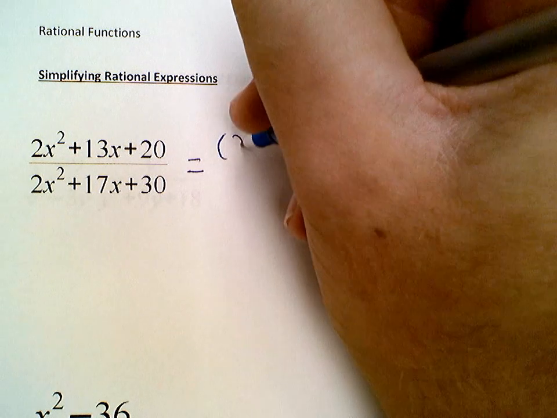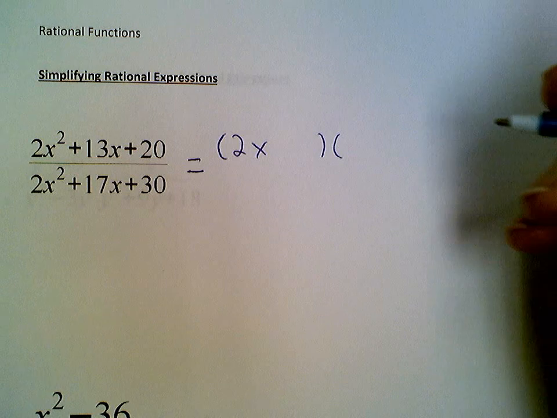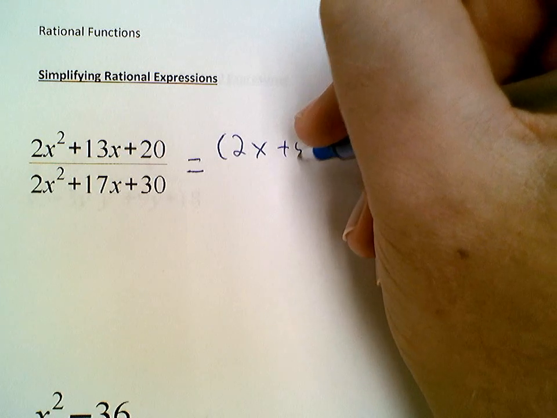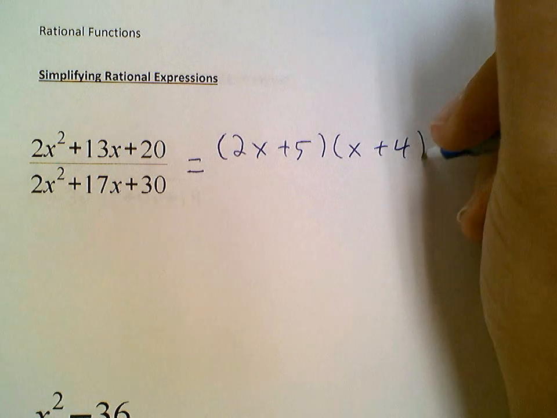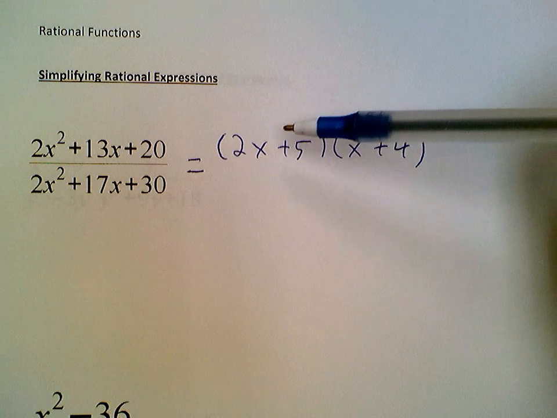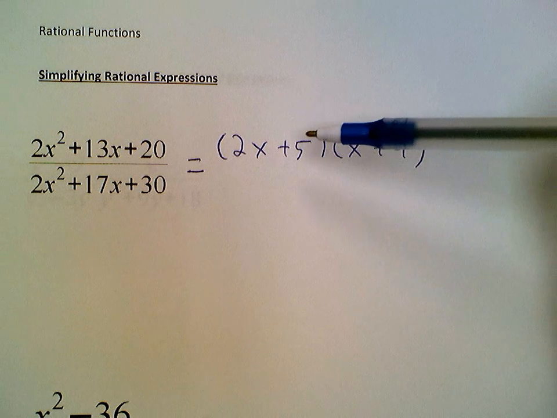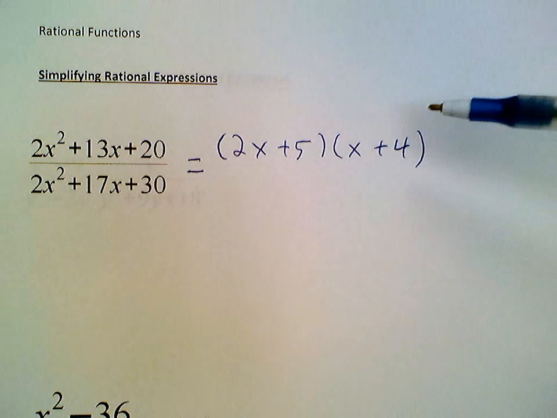And they both can. The top can be factored into 2x plus 5 times x plus 4. Okay, you can double check that because 2x times 4 is 8x, 5 times x is 5x, adds up to 13x, 5 times 4 is 20.